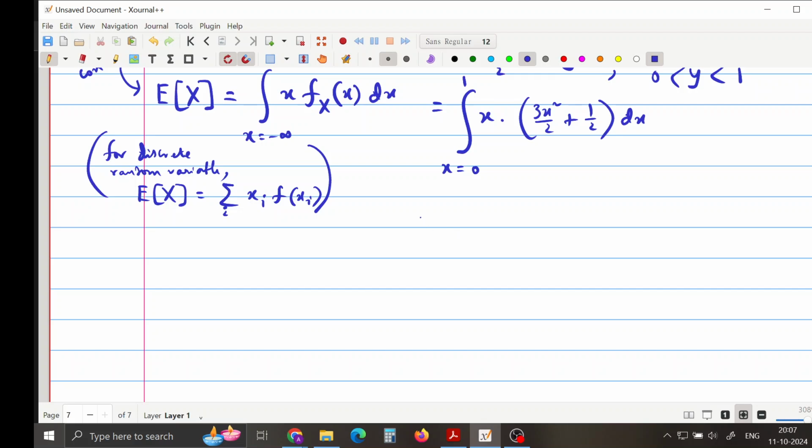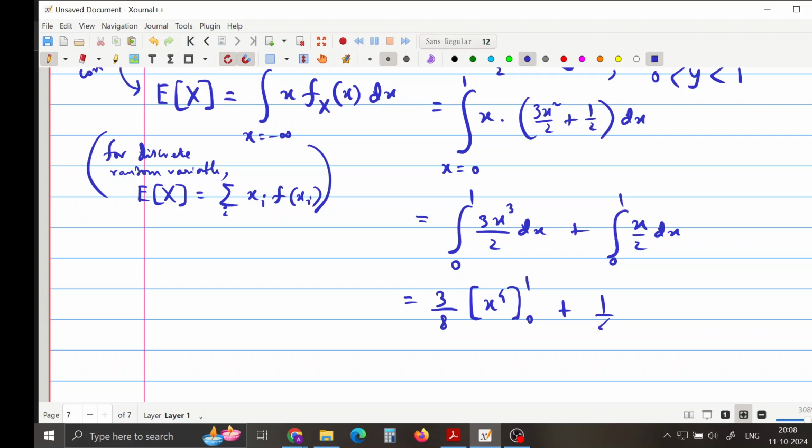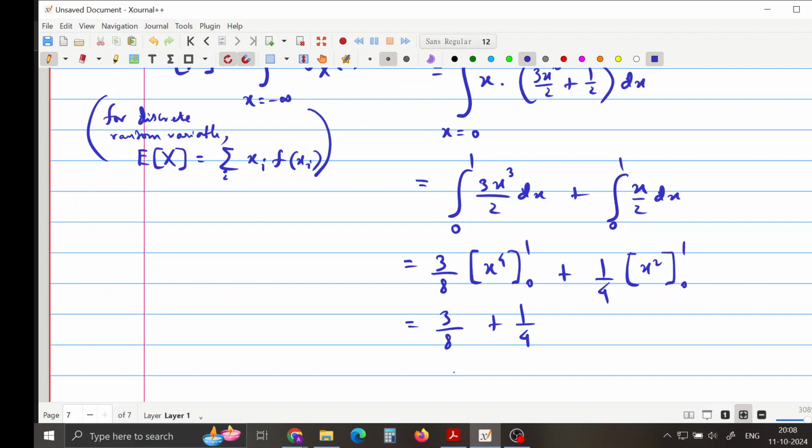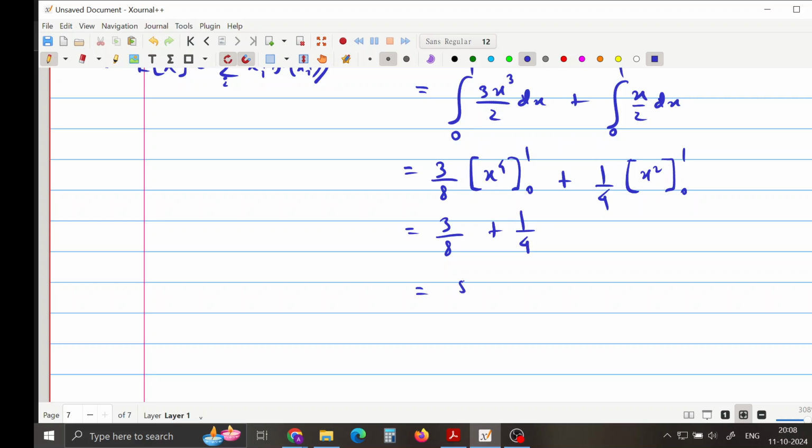Okay, again you can just split the two summations. So you get 5 by 8.